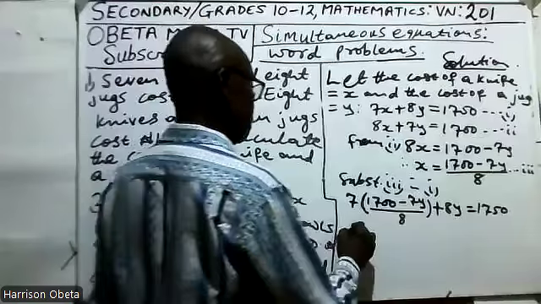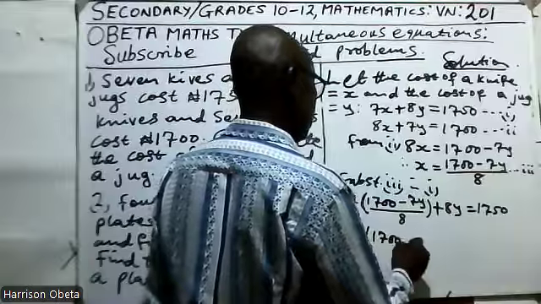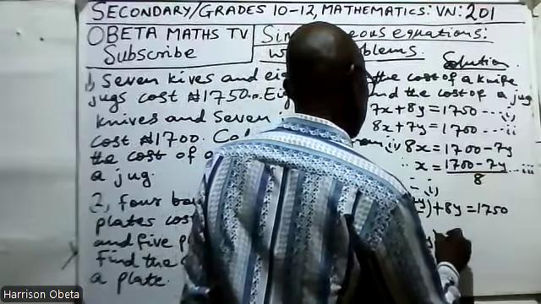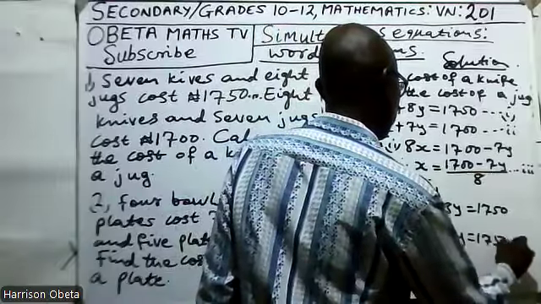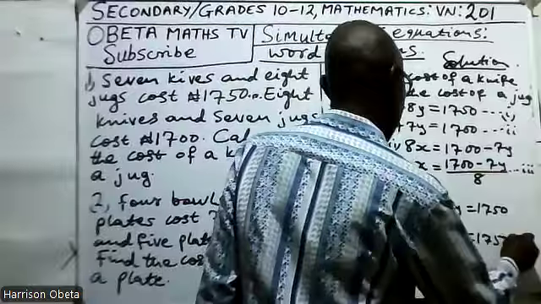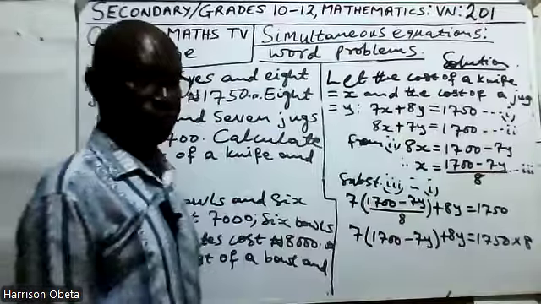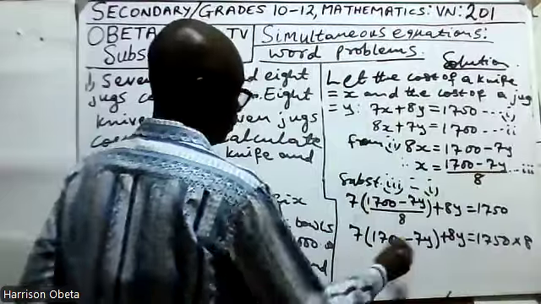And then that will give us 7 bracket 1700 minus 7y plus 8y equal to 1,750 times 8. That is, you cross multiply. And then going further, you multiply out.